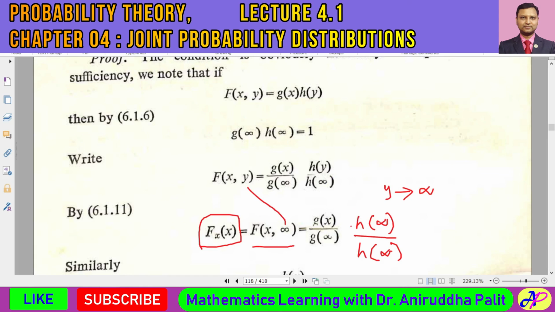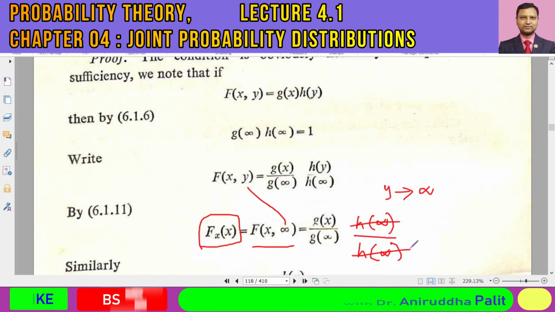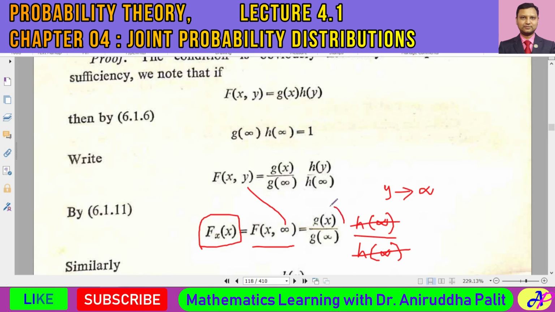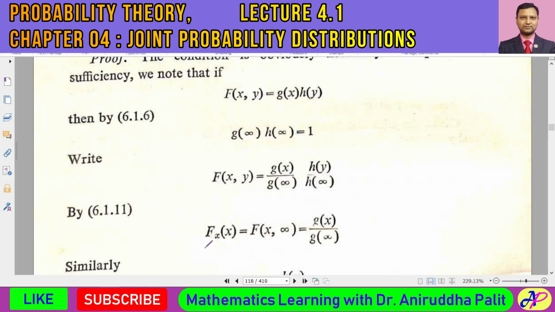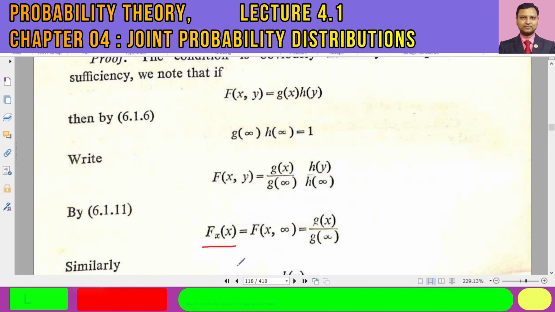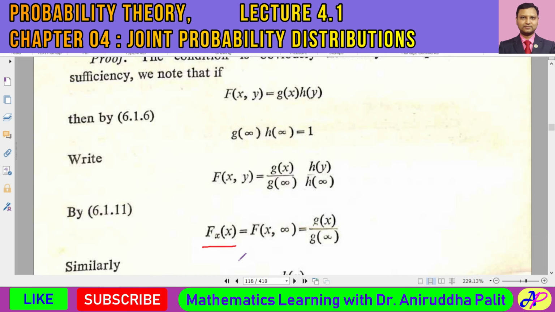So this h of infinity and this h of infinity will get cancelled. Ultimately, we shall have g of x divided by g of infinity, and that would be equal to this marginal distribution function F_X(x).